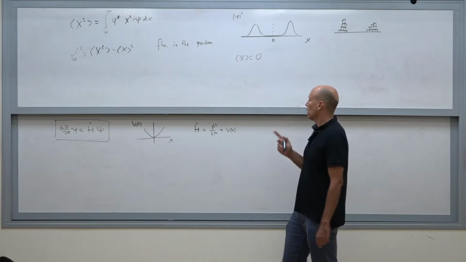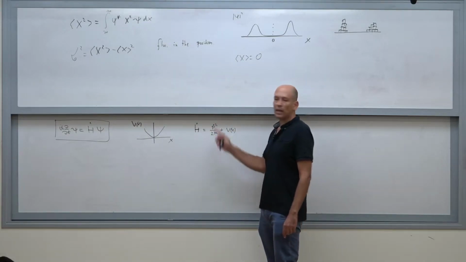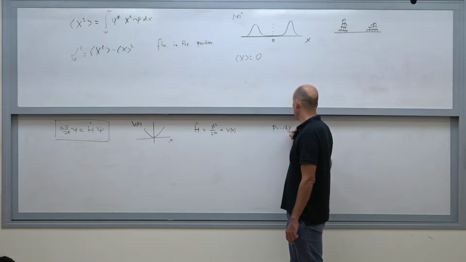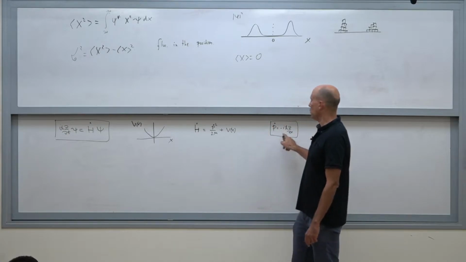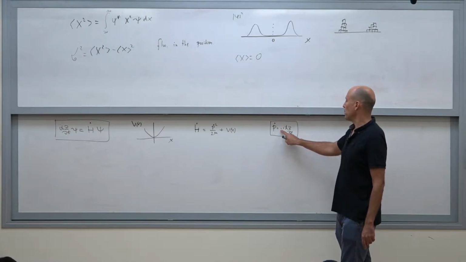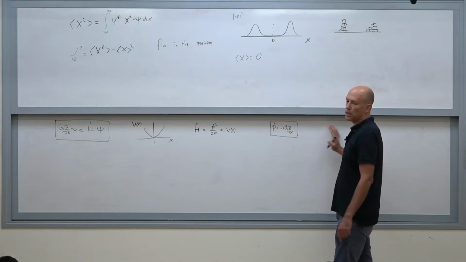But the kinetic energy is given by also an operator when we identify the operator associated with the momentum. This was done already last lesson, with this operation, minus i h bar d over dx. And again, it operates on something, on the wave function.